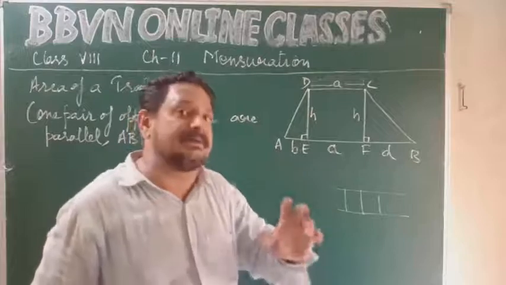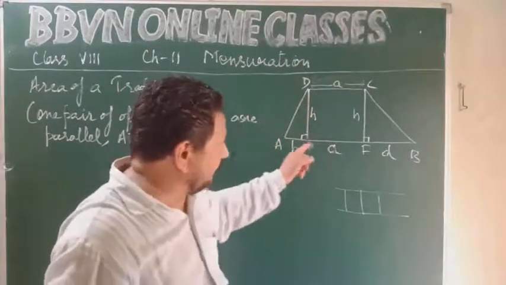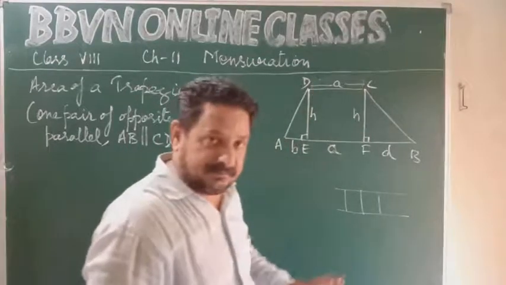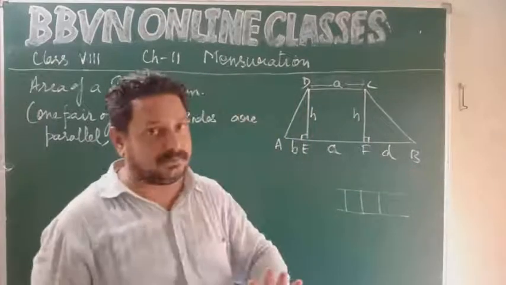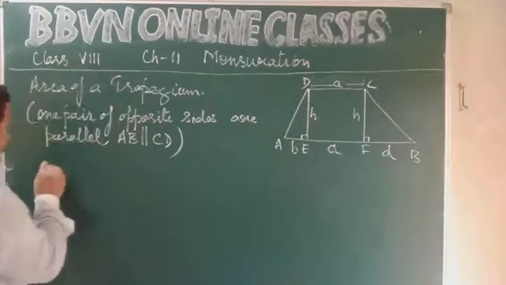Now this trapezium is divided into three smaller figures: triangle DAE, rectangle DEFC, then triangle CFB. We know the formula for finding the area of all the three figures, right? Let us see.